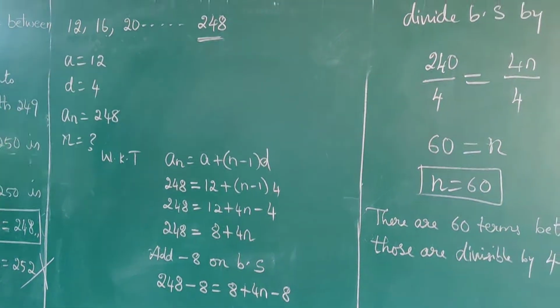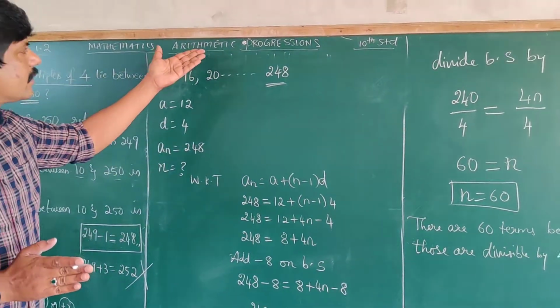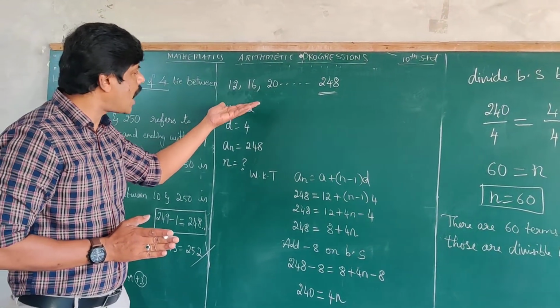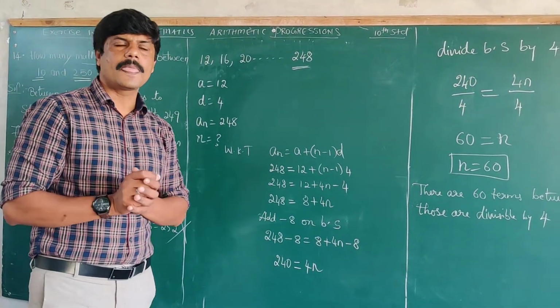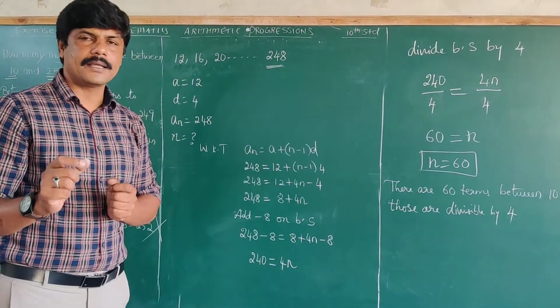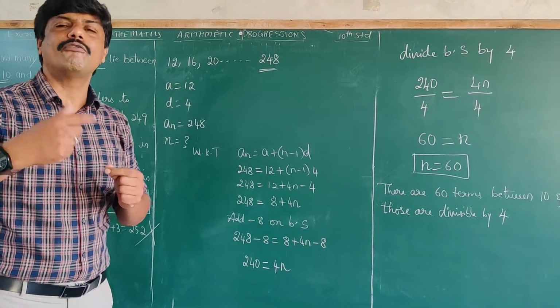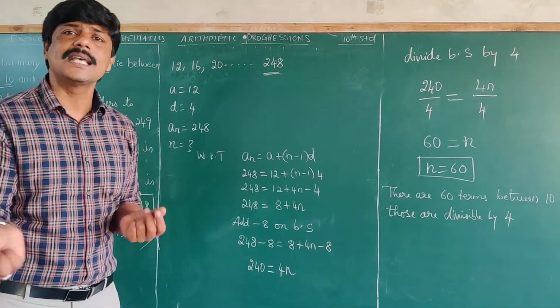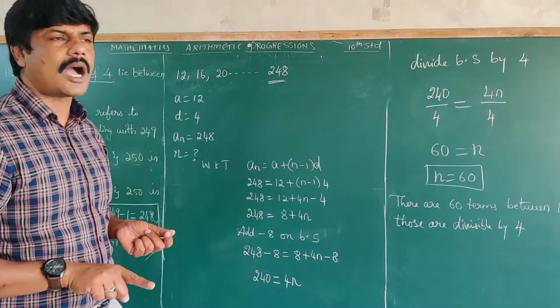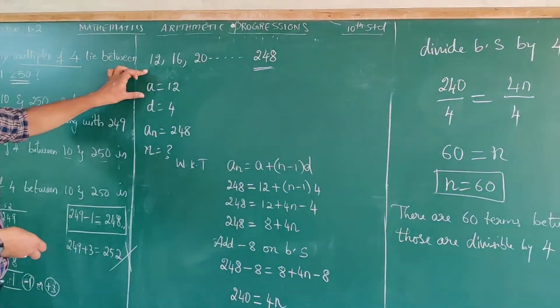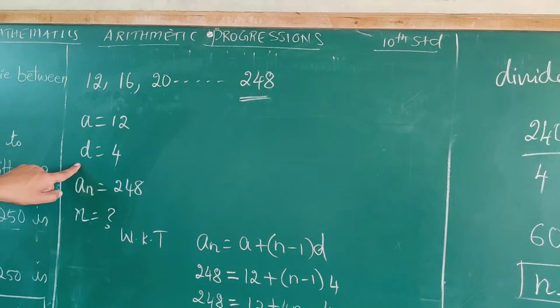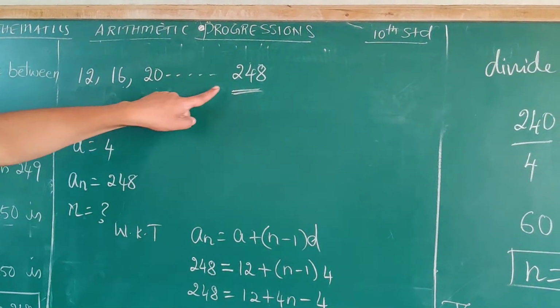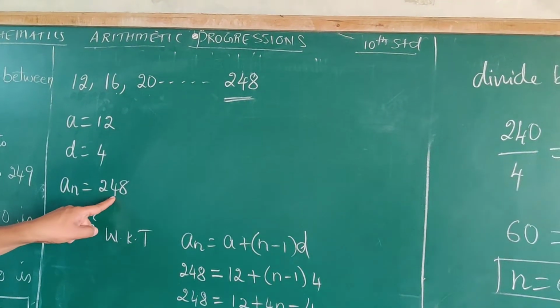This forms an arithmetic set of numbers whose common difference is 4. In the previous video also, I told you that for any multiple of 4 or 5 or 6, the multiple itself becomes the common difference. Now we have a, the first term, 12; d, the common difference, 4; and the last term 248.